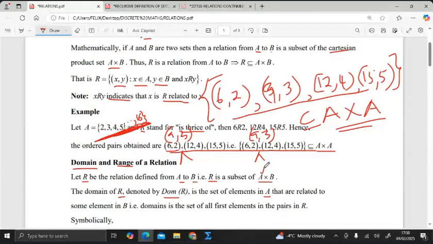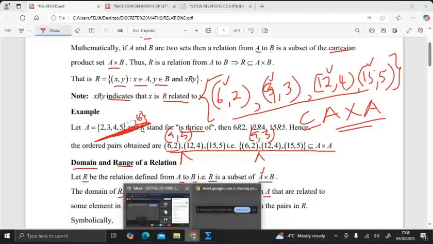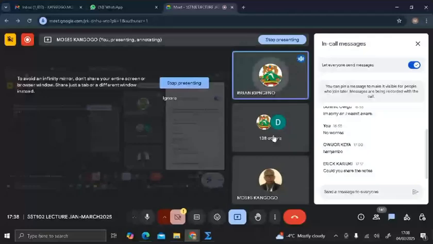The domain of R is the set of elements of the first set that are related to some element, not all the elements of A, that are related to some element of B. Like in this case, in our example here, these are the members of the domain of R: 6, 9, 12, and 15.